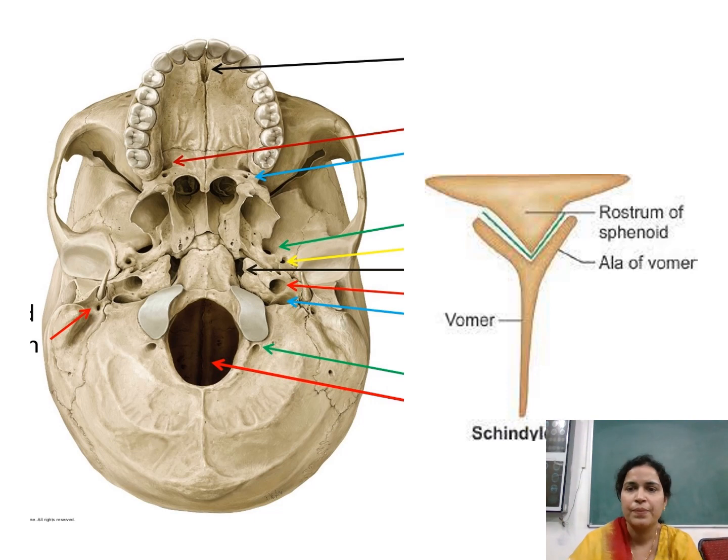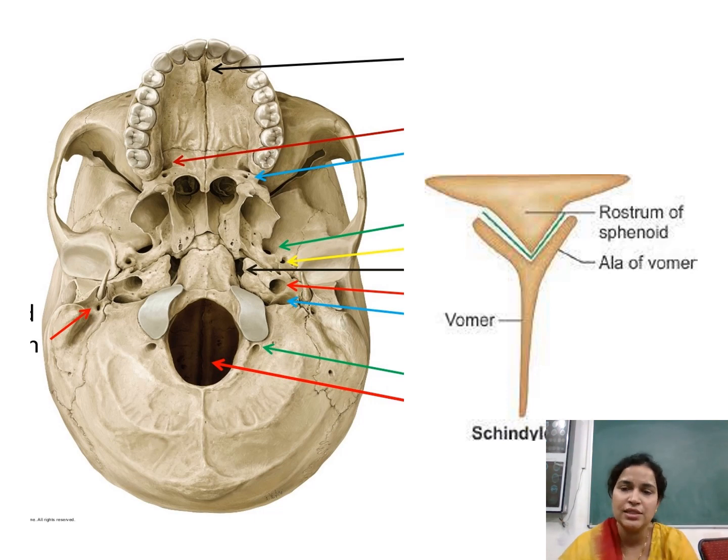The vomer forms the midline nasal septum, dividing the nasal cavity into right and left. In its lower part it has two wing-like extensions, the ala of the vomer, and inside fits the rostrum of the sphenoid bone.